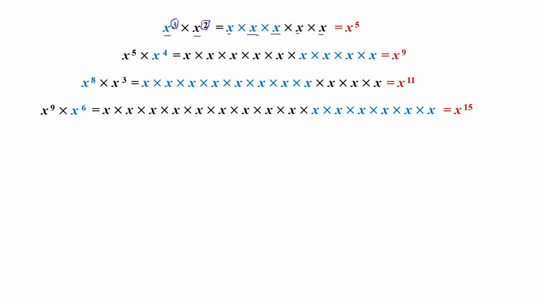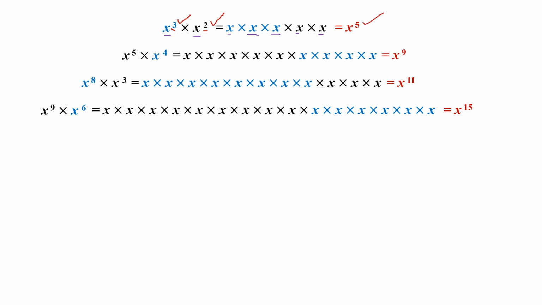From this expansion, let's look at the original powers. We want to see the relationship between the original powers and the new power. If you look at this one, this is 3, this is 2, and if we add them, we get the new power.